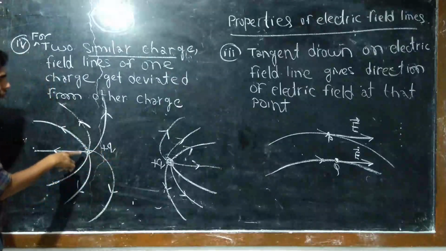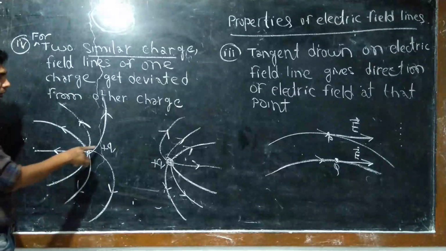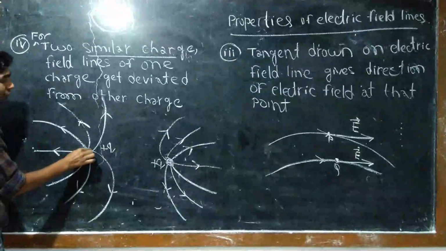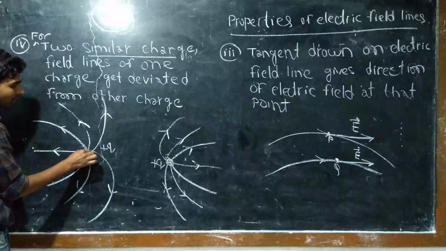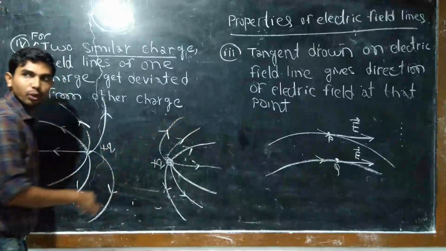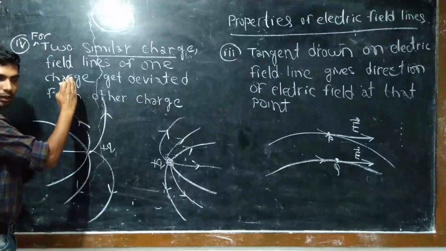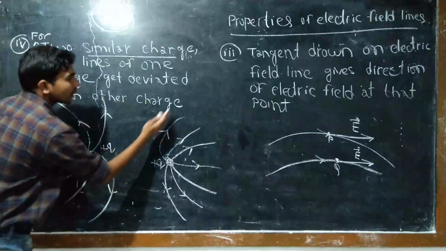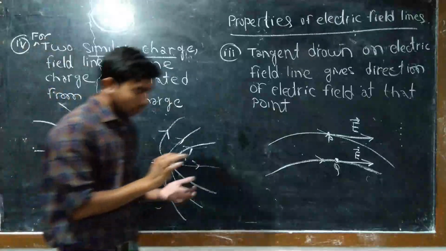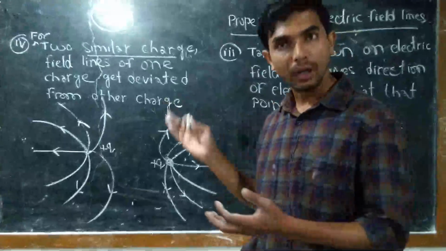So you can see both is positive, so electric field lines is coming out, right? But due to presence of two similar charge, electric field lines is deviating from one another. So see, this is deviating in this direction, and this is also deviating in this direction, right? So for two similar charge, electric field will deviate due to presence of other charge.